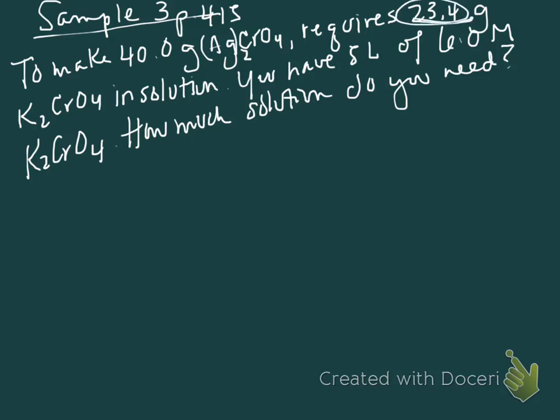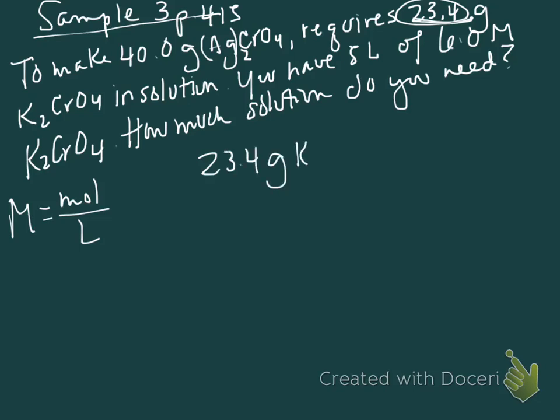And what you've got is a bunch of 6 molar potassium chromate solution on stock. How much of the solution do you need? Well, there's no connection to grams in that molarity equation. Molarity equals moles divided by liters. So you need to figure out how many moles of potassium chromate you're going to need. So you're going to set that up first.